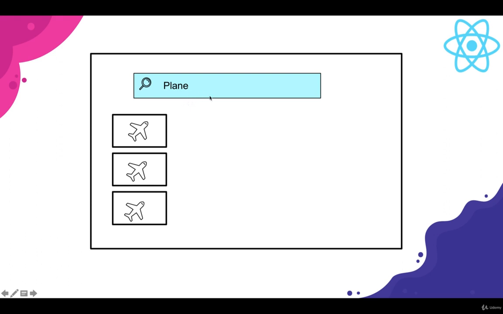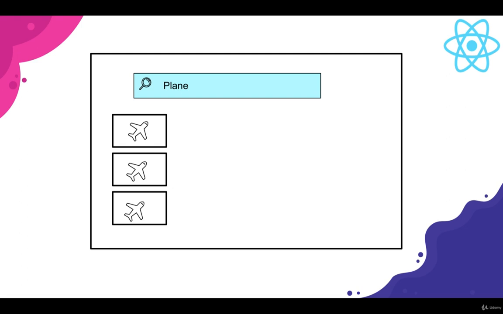And then after they type in the term and then press enter, we're going to do a request to an outside API that is going to find images that match whatever term that user has just entered. Yeah? So if a user types flowers and then presses enter, I would want to somehow get a list of images of flowers and then show them on the screen to that user.